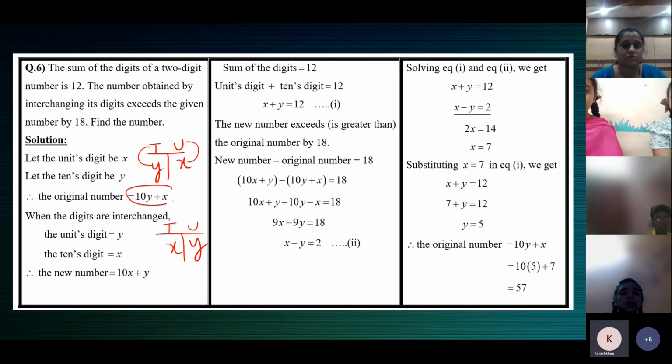And when we interchange, we will get 10x plus y, like 10 will be multiplied to x, and 1 will be multiplied to y.